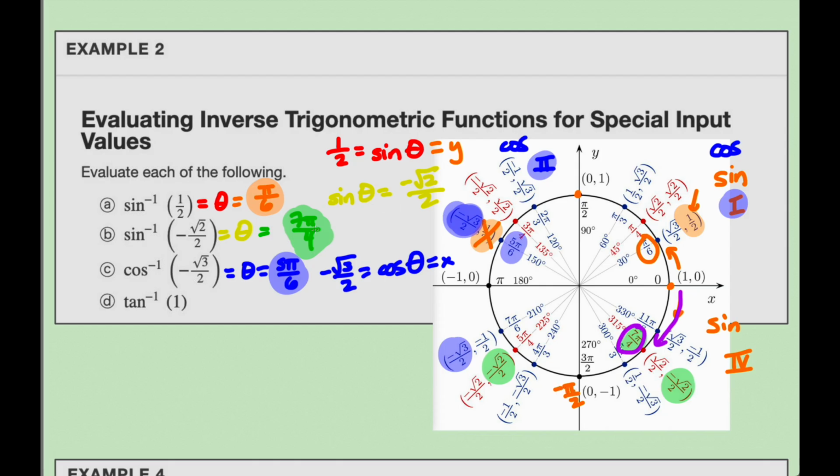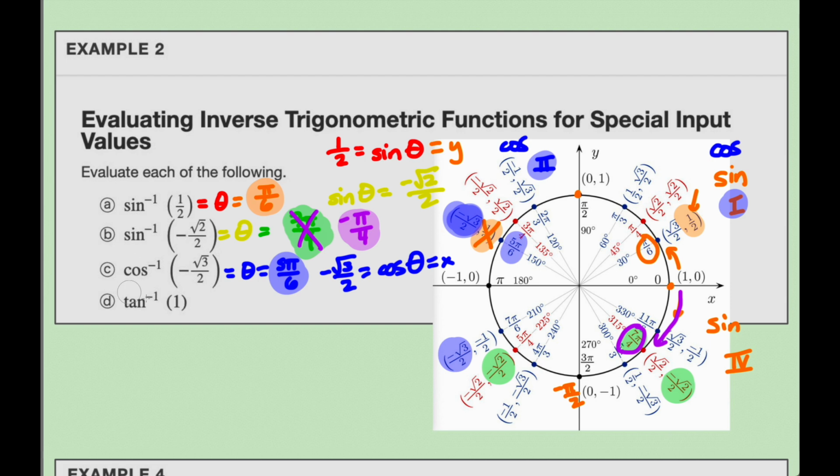So you can't actually have 7 pi over 4, because that would be greater than the pi over 2. So this is actually not the answer. It leads us to the answer though, but you're actually going backwards pi over 4. So this is actually going to be negative pi over 4 for this one. The 7 pi over 4 is not a possible value, because again, we go from negative pi over 2 to pi over 2 for that inverse sine.